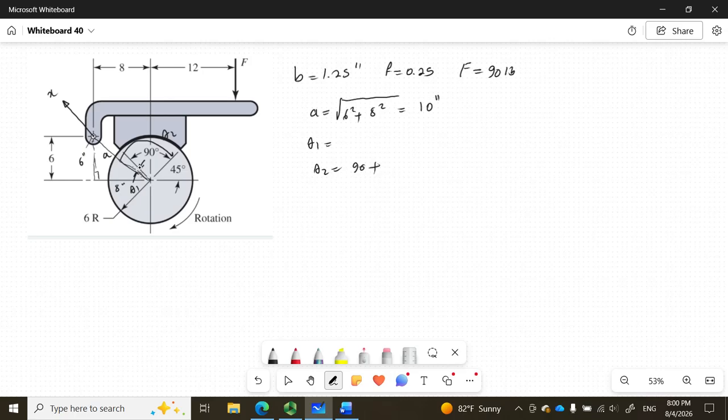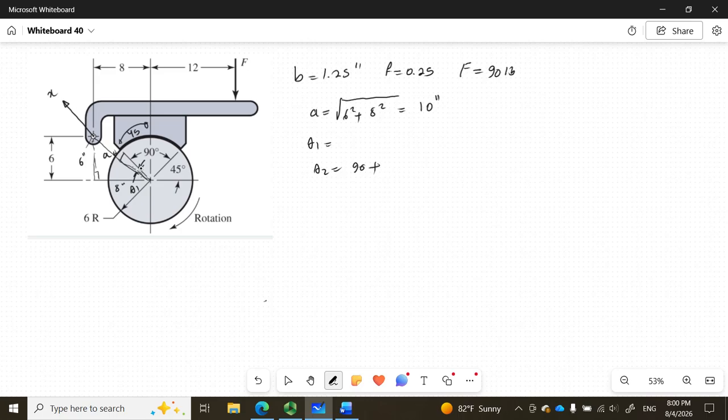So how do I find theta 1? Let me erase some of this stuff here. Alright, so theta 1, look, this angle is like 45, no, let me see. Yeah, from here to here, this angle is 45, because this entire thing is 90 and half of it is on the left, half of it on the right, so 45.